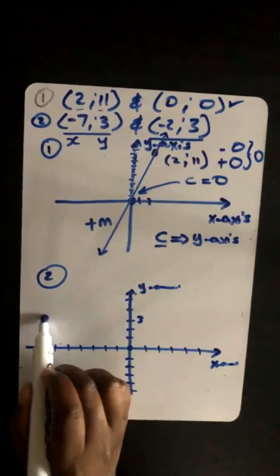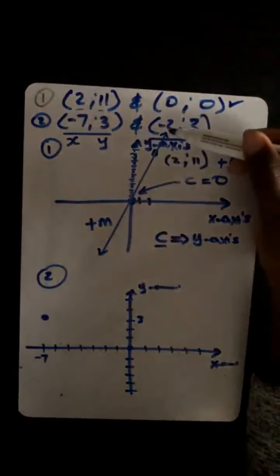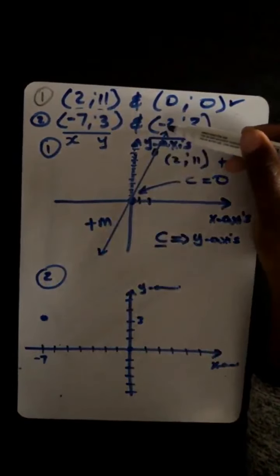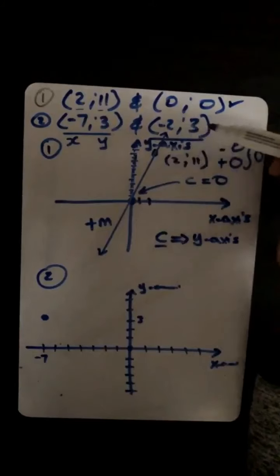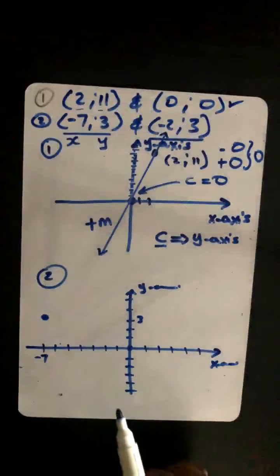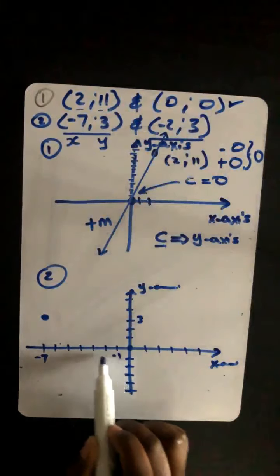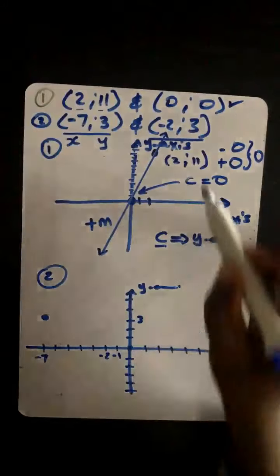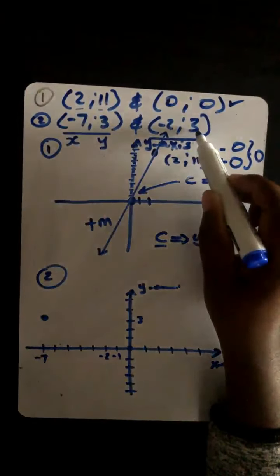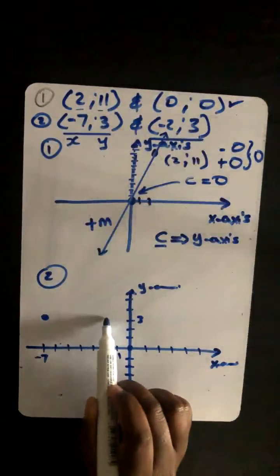The next point, let's see, where x is -2, and again y is 3. Let's see, where is that point, guys? This is -1, this is -2, and y is 3. So it's that point over there.